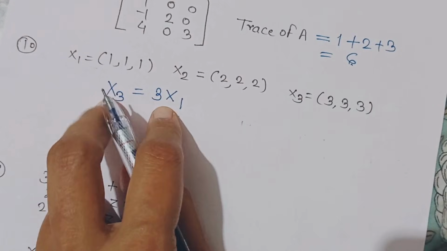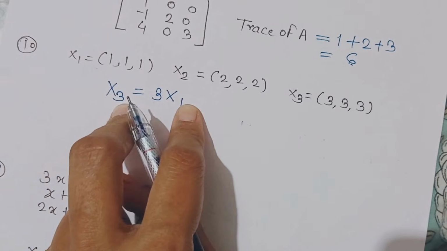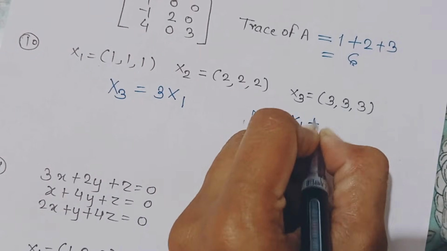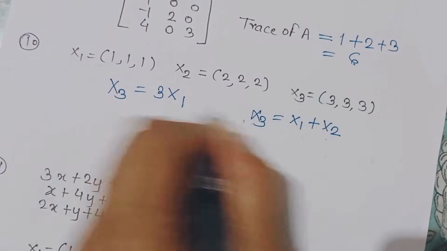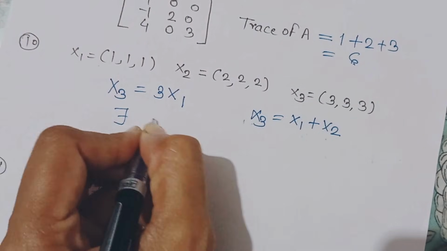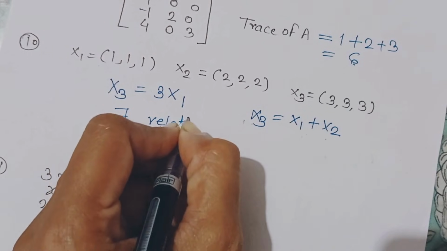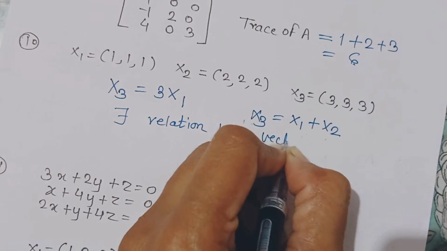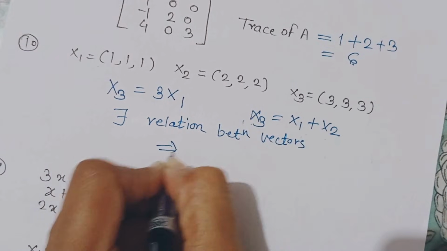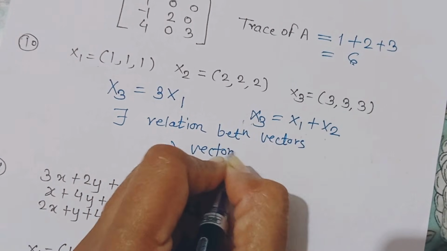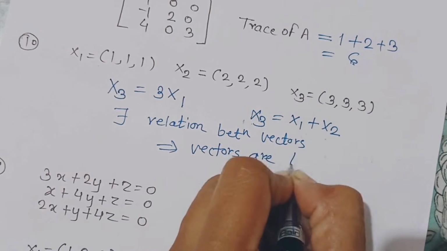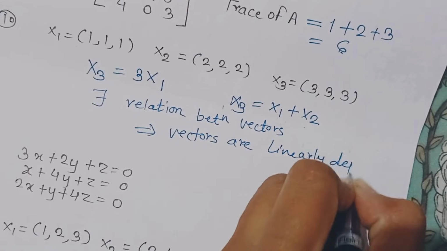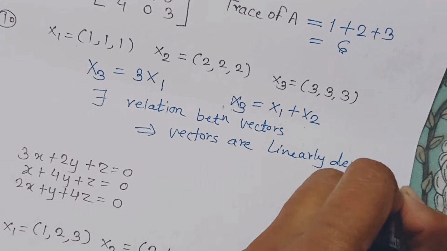So there is a relation between x3 and x1, or we can say that x3 is equal to x1 plus x2. If there exists a relation between the vectors, then those vectors are linearly dependent. So these three vectors are linearly dependent vectors.